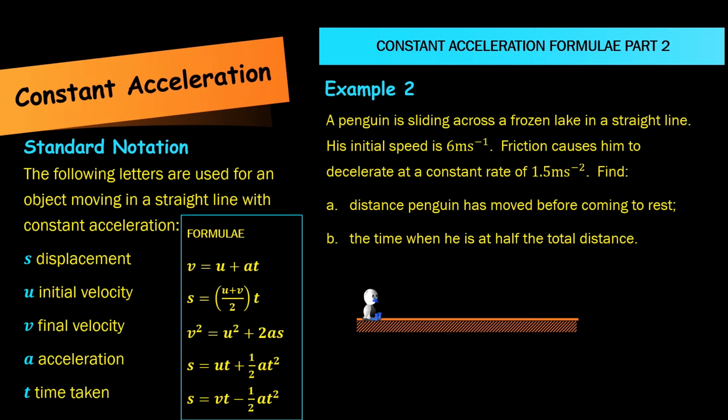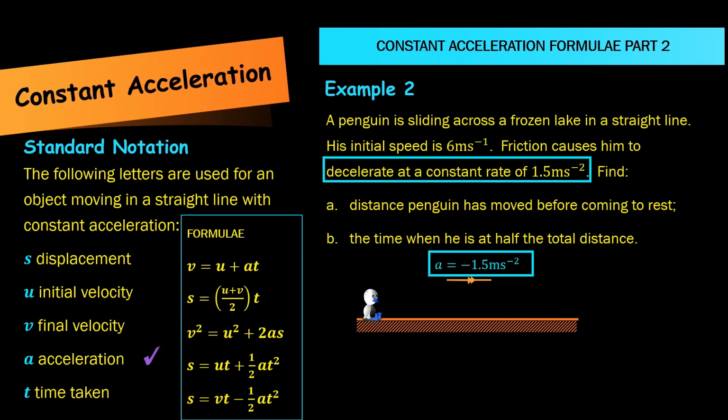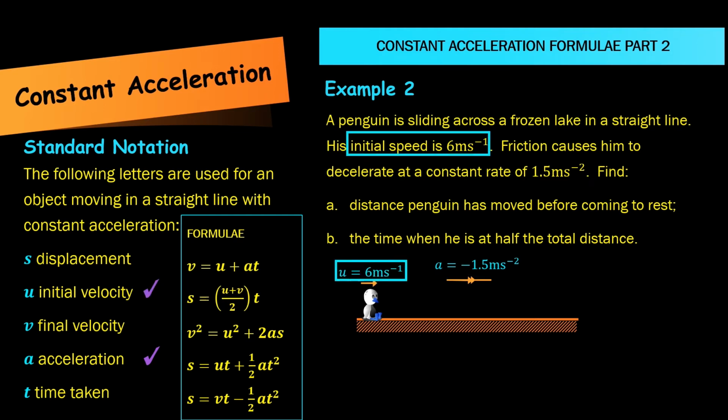So let's sketch this. We have the penguin decelerating at 1.5 meters per second squared, therefore A equals minus 1.5 meters per second squared. His initial speed is 6 meters per second, so U equals 6 meters per second.